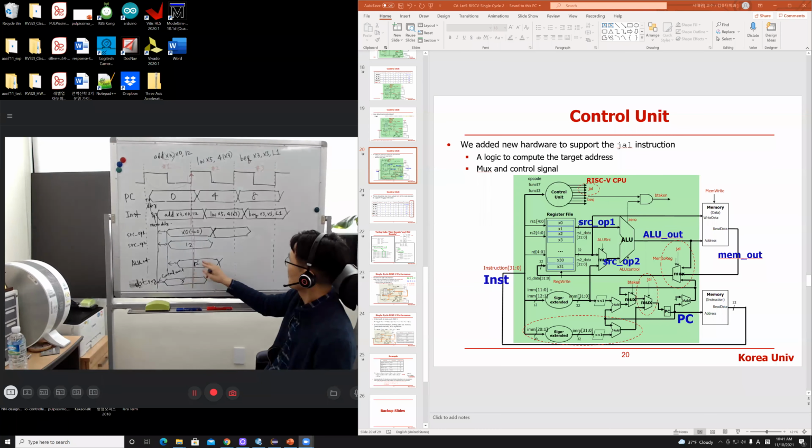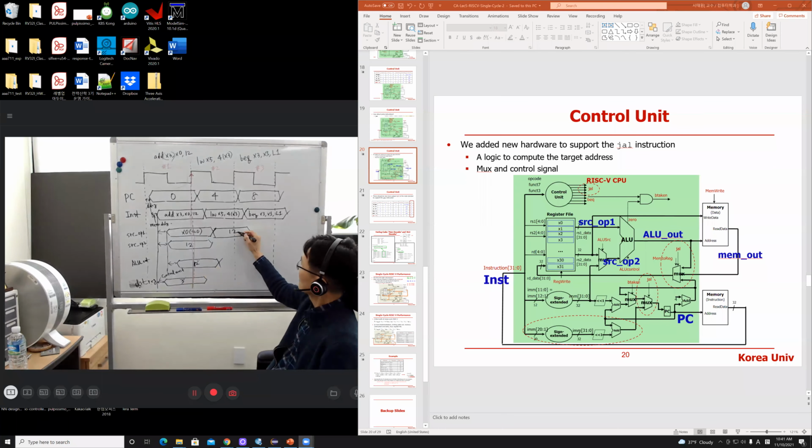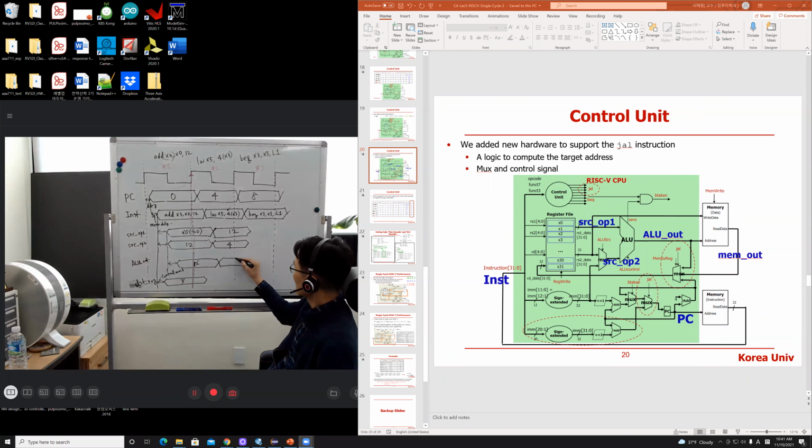And the second source operand to the ALU is coming from the sign extended immediate, which is 4. Then the ALU will do the addition operation: 12 plus 4, which is 16.